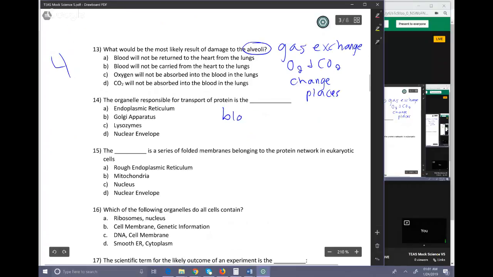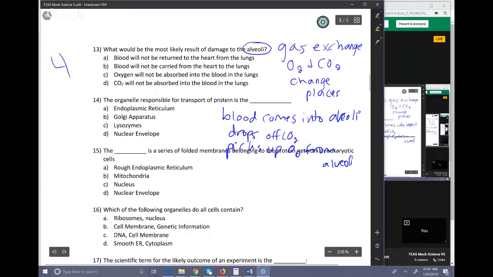So the blood comes in to the alveoli, drops off CO2 into the alveoli, and picks up O2 from the alveoli. So at the time that this happens, you breathe in and your alveoli obtain and hold oxygen from your environment. The blood comes through there.